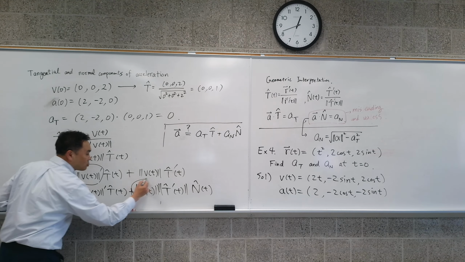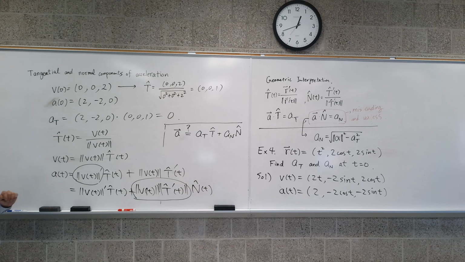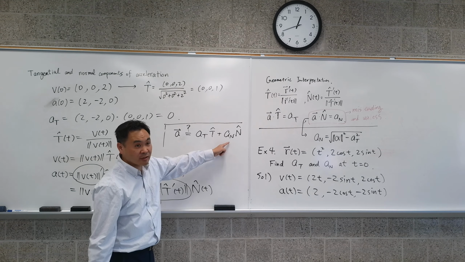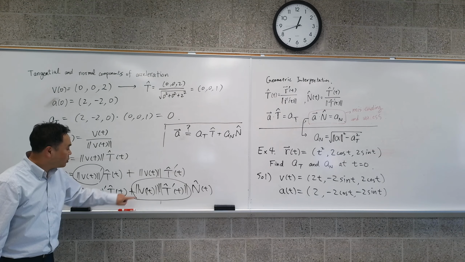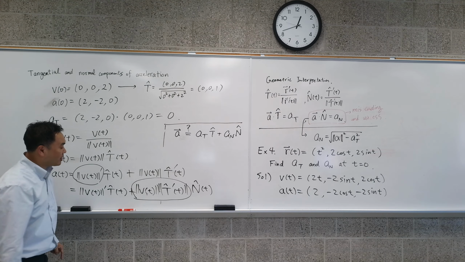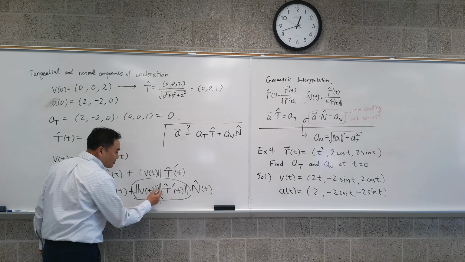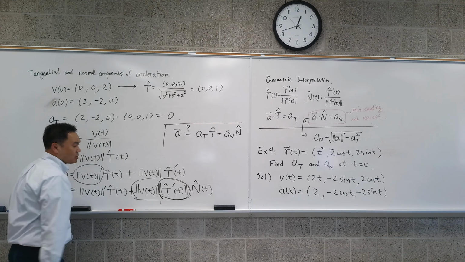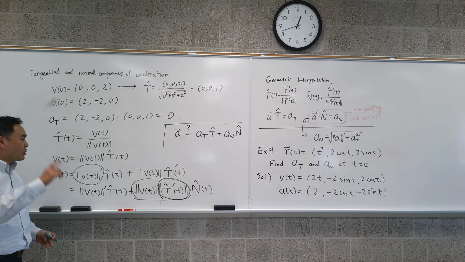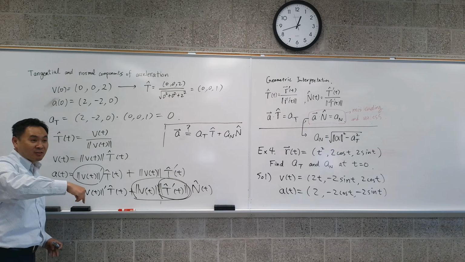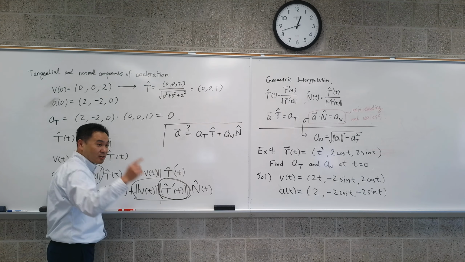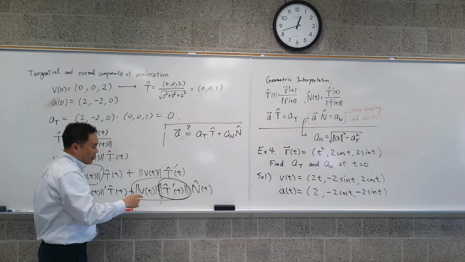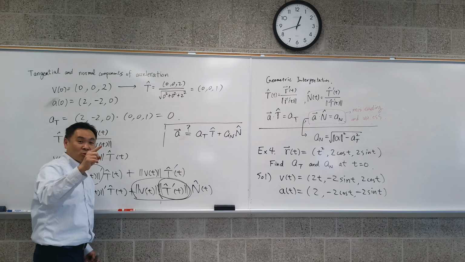So this one right here is AN. What this also shows is that this is the way the curve bends. This is more like the curvature, because it shows how fast the direction is changing.